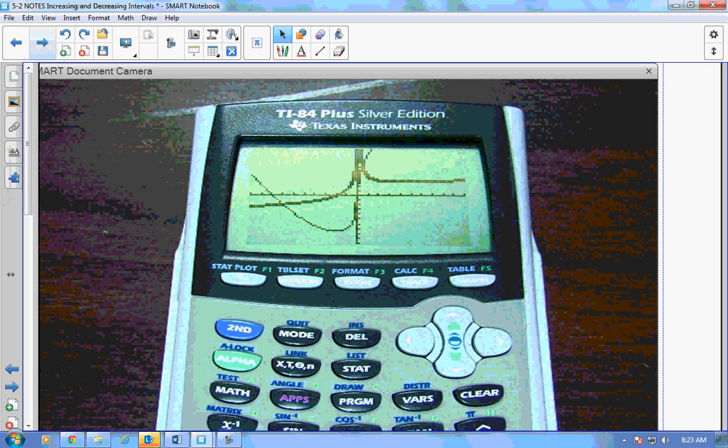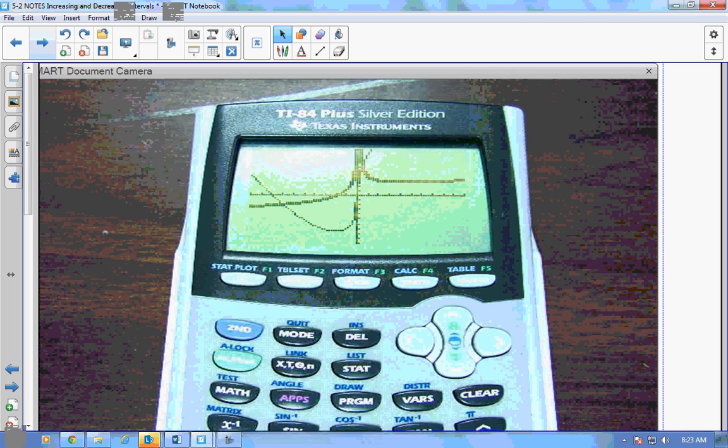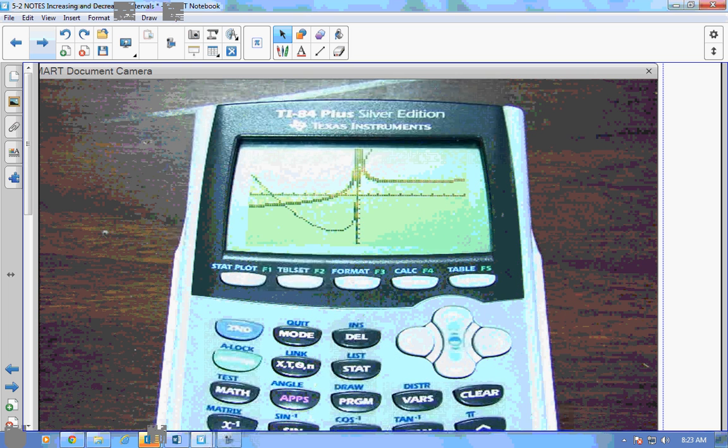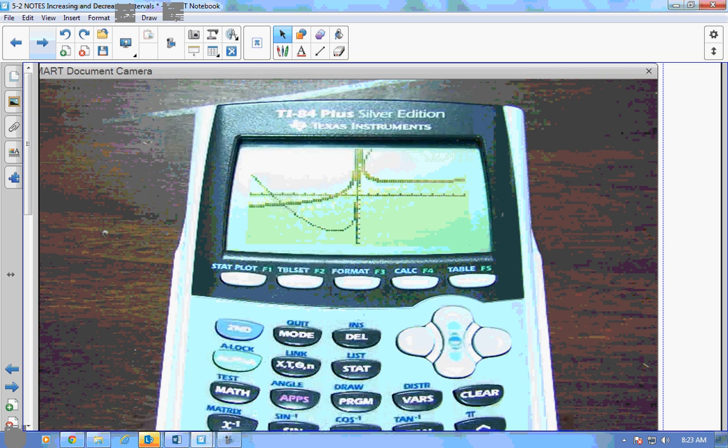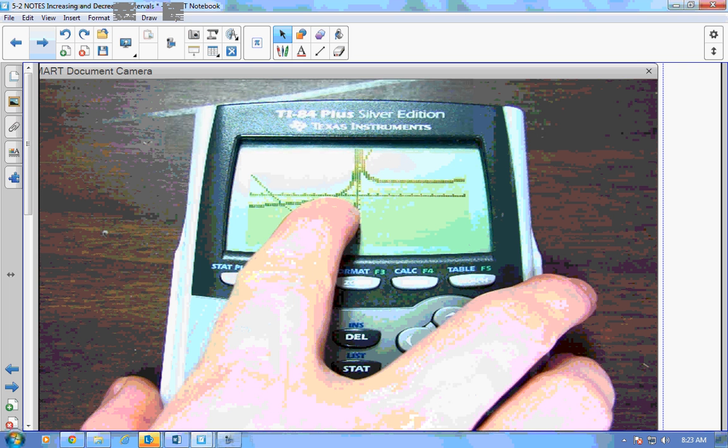What does it mean for critical point? Y equals 0. On my derivative, does y ever equal 0? Yes. When y equals 0, you're crossing the x-axis. Right there, y is 0.